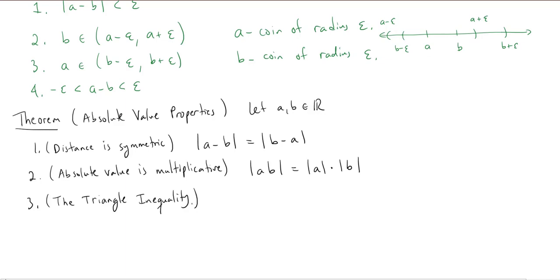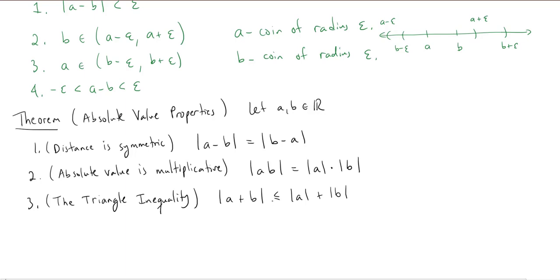The triangle inequality says that if I add two numbers and take their absolute value, this is not usually going to be equal, but it will always be no bigger than what happens if I take the absolute value individually and then add them up. So the absolute value of a sum is no bigger than the sum of the absolute values.